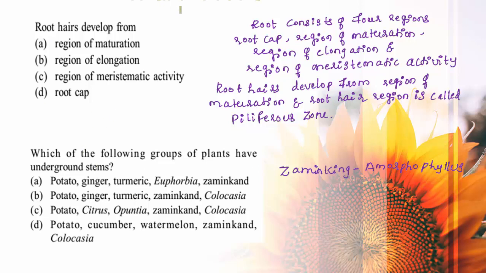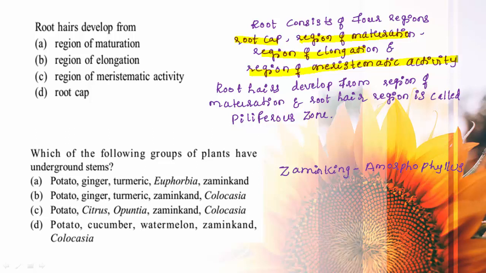They are the root cap, region of maturation, region of elongation and region of meristematic activity, where the apical meristematic cells are continuously in the state of division, and some old meristematic cells elongate and attain maturity. All these are present within the root.